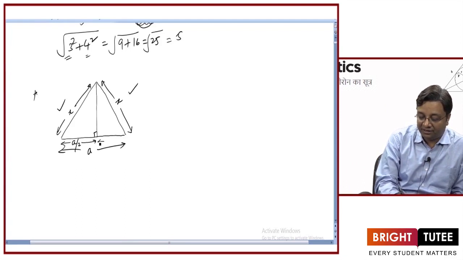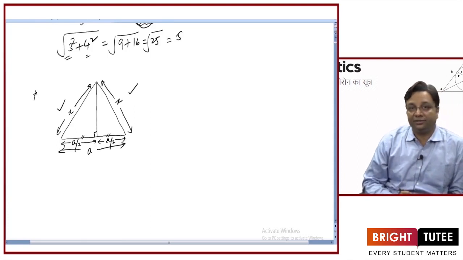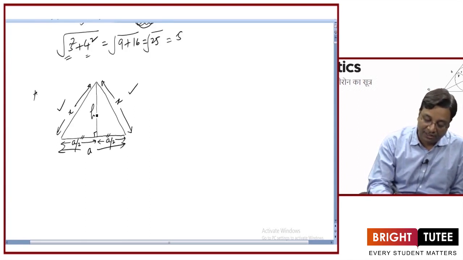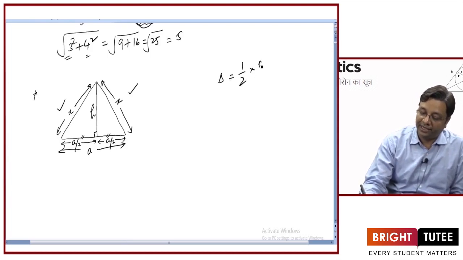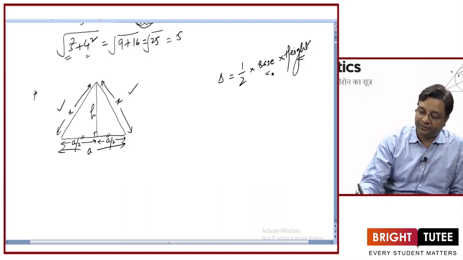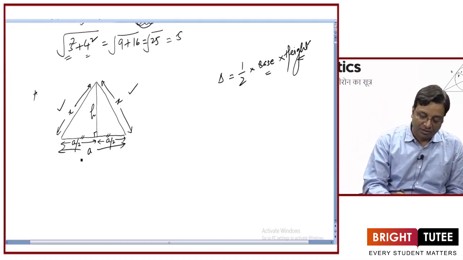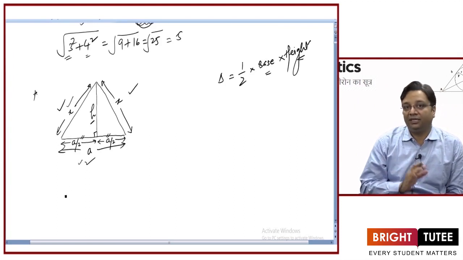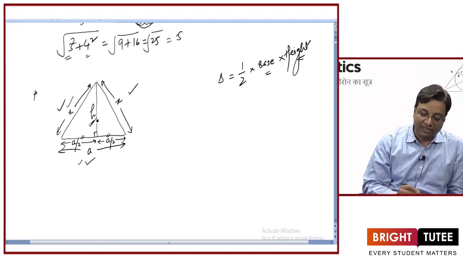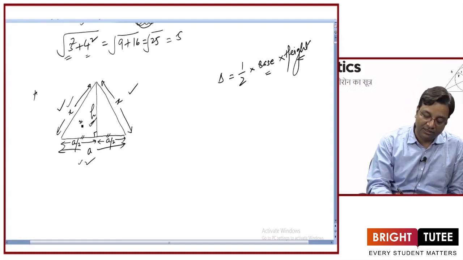So, it bisects this side, and these segments are a by 2 each. Now, I need this height, because I know area of a triangle is half into base into height. I have got the base as a, but I need height in terms of x or a, because these are the given dimensions. So, to calculate h, I can apply Pythagoras theorem in this triangle.